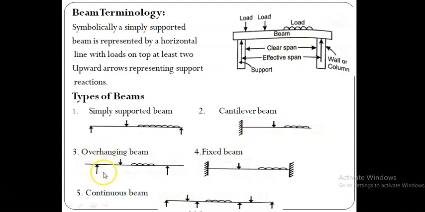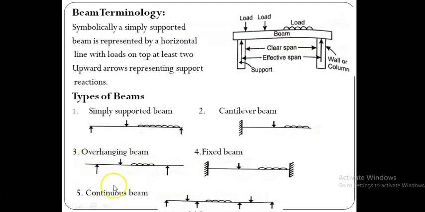Like that, the next type of beam is the overhanging beam. An overhanging beam is nothing but a simply supported beam, but at its end the member is projected. That is, at its end it has a free end, and the other end is supported at this hinged support, like that here.